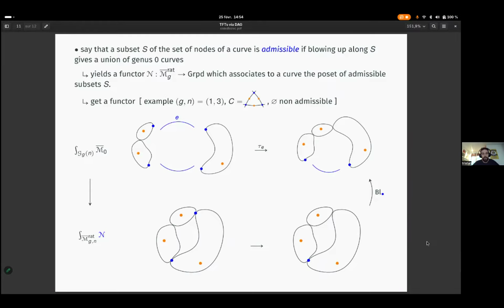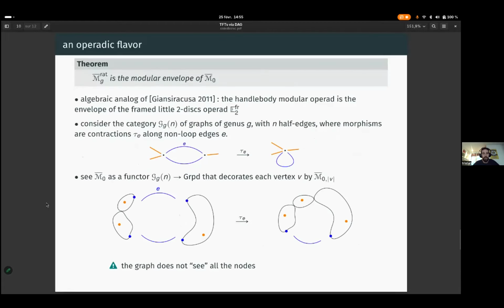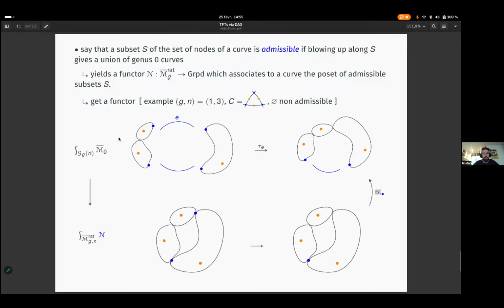And I'm asking you to believe that my theorem above means that we want this to be an equivalence. So the reverse equivalence here is just blowing up along the prescribed nodes of my admissible set.